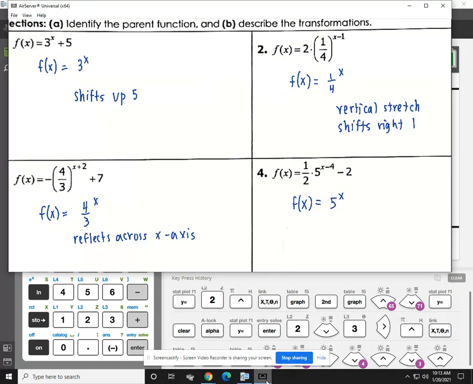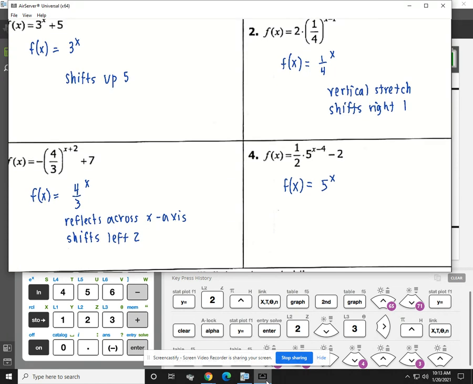So it's actually a -2 horizontal shift. What's that mean? Shifts left 2. And then finally, there's also a vertical shift. It is what it is. So this one's going to go up 7. 3 transformations in that one problem.